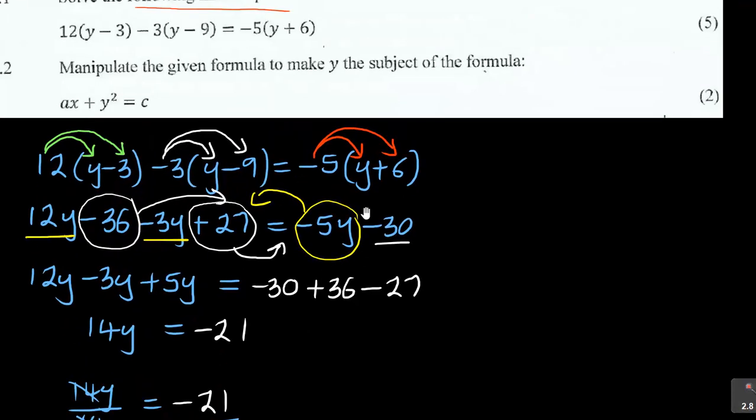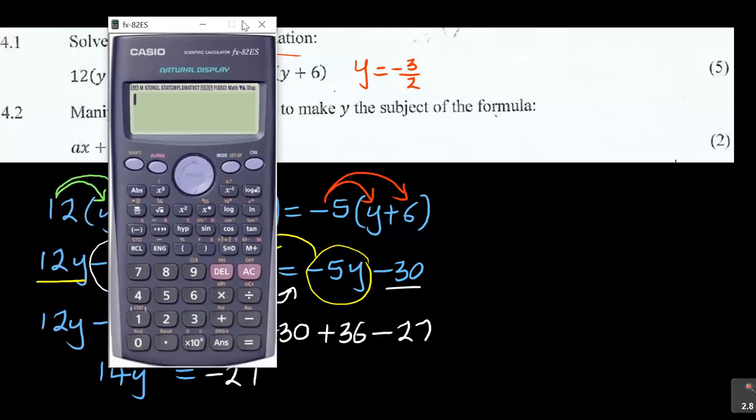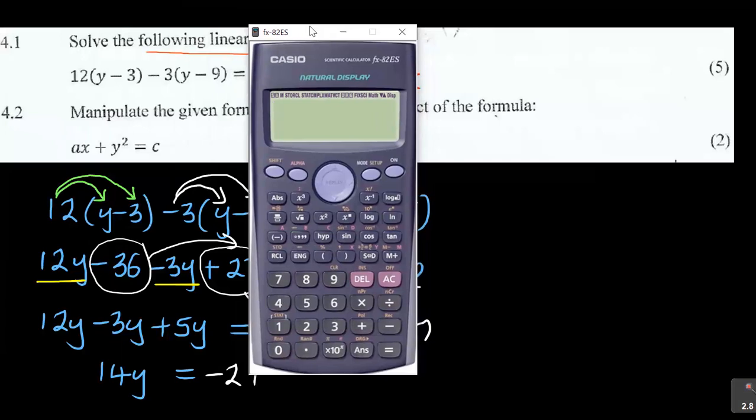Now if this is the answer I have, y is equal to negative 3 over 2, definitely I need to test my answer. Wherever it's y, I put negative 3 over 2. Let me start on the left hand side. I've got 12 bracket y, which is negative 3 over 2, minus 3, close the bracket.